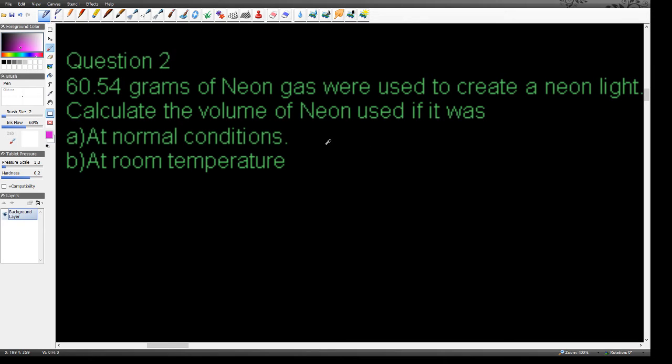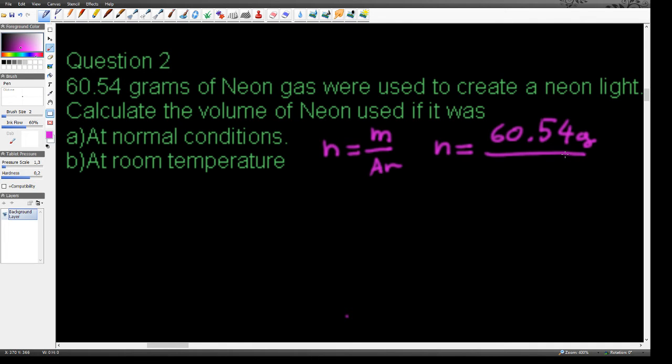So we know, if we say that n, which is the number of moles, is equal to mass m divided by the Mr or the Ar, and in this example it's going to be the Ar of the substance, we can say that n must be equal to the mass of neon, which is 60.54 grams, divided by the Ar of neon, which I'm going to read off the periodic table as 20.18, and again the units, just like for Mr, grams per mole.